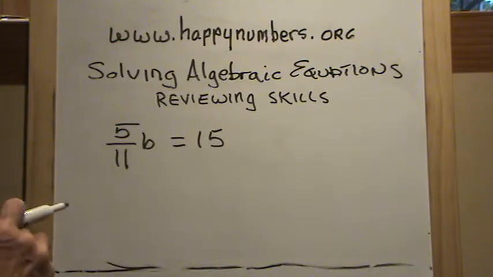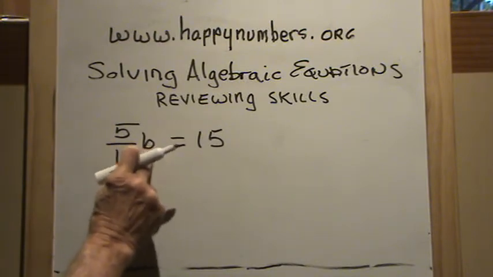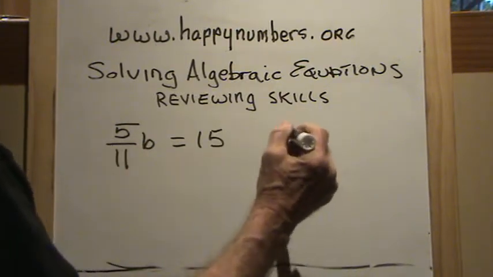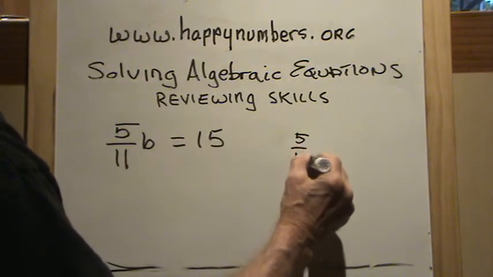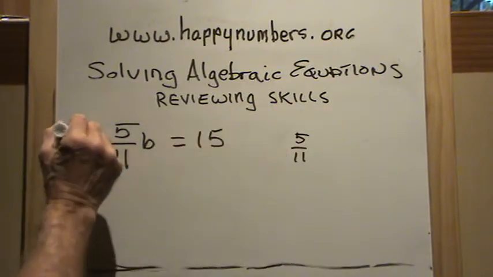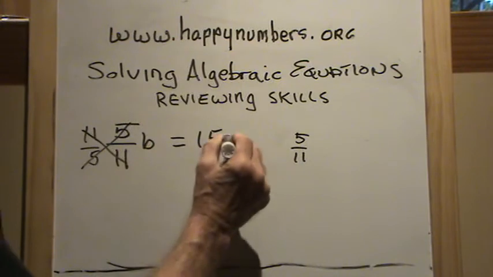Okay, well, we have a relationship here of multiplication. So we're going to use division to get rid of this. And remember, if we're going to divide 5/11, then I have to use the reciprocal, which would be 11/5, and that would cancel out.